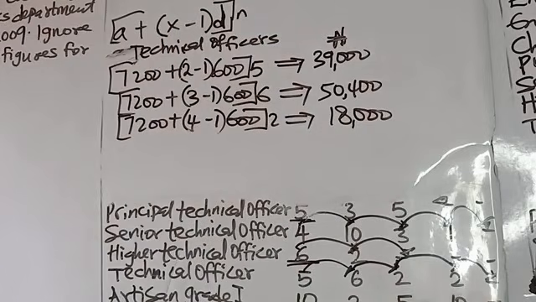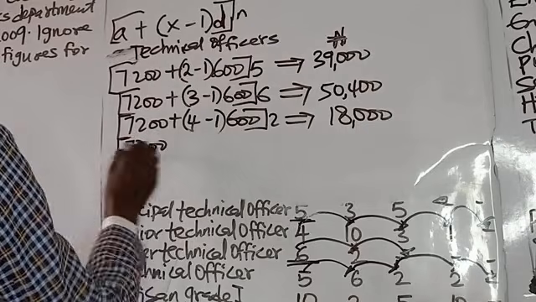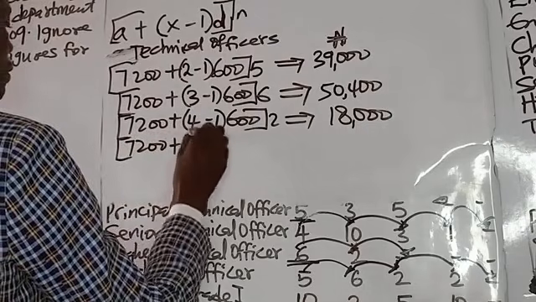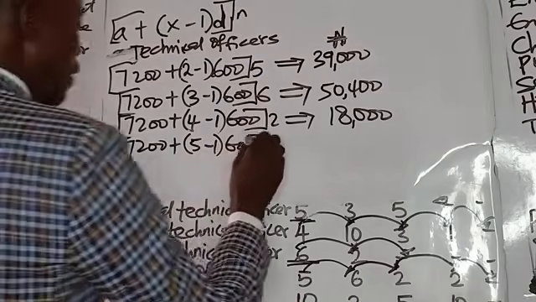So we have basic pay 7,200 plus step 5, increment of 600, and the number of employees 2.